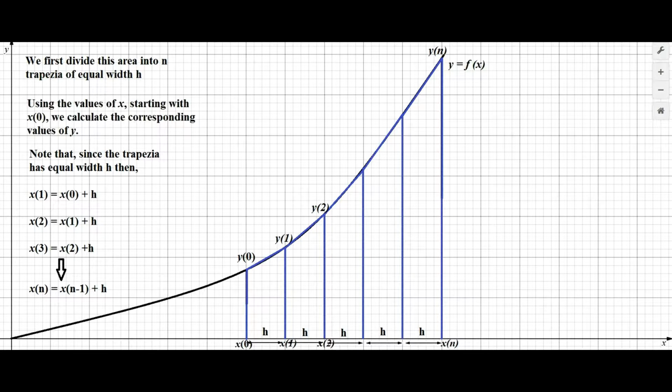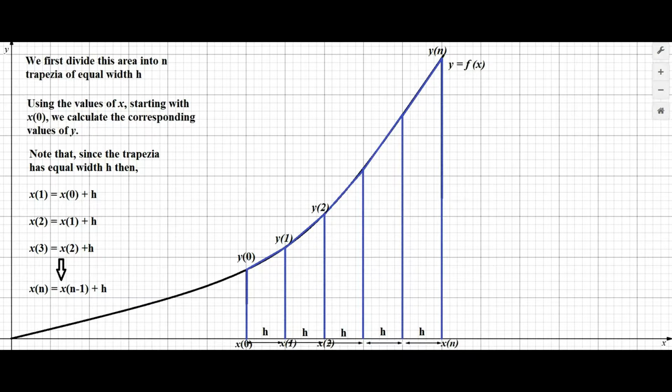The first x value I normally take to be x0, the starting value of x, and x0 will be a. The final x value I'll take to be xn, the last x value, and that will be b. I want you to have this in your mind.